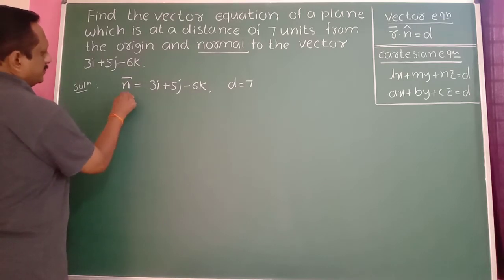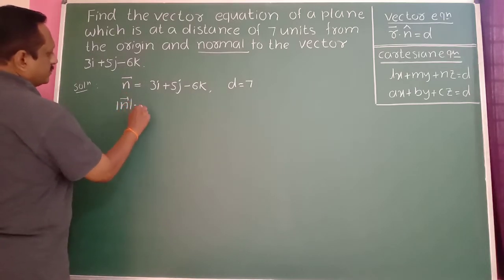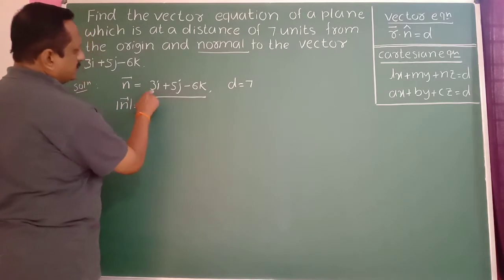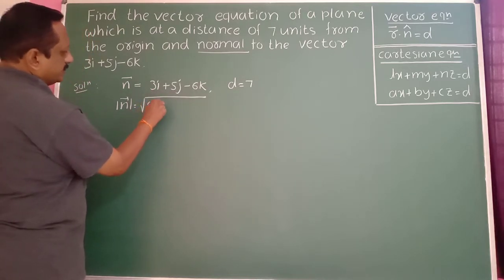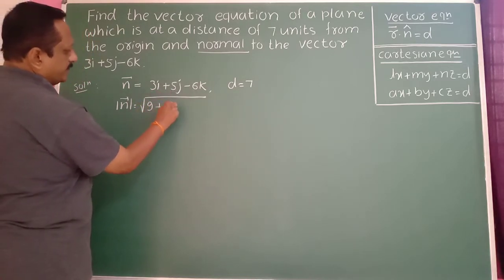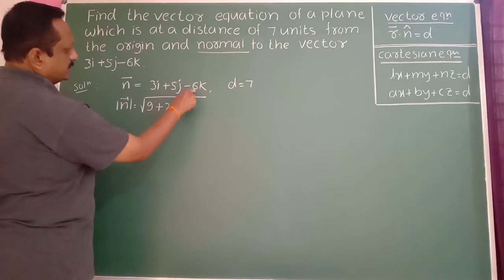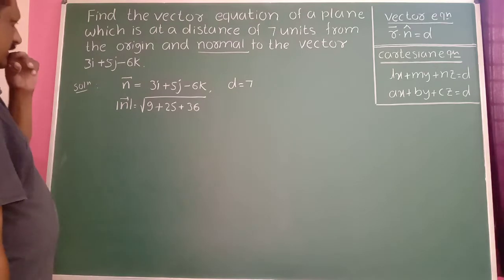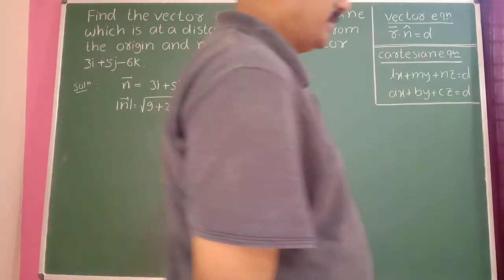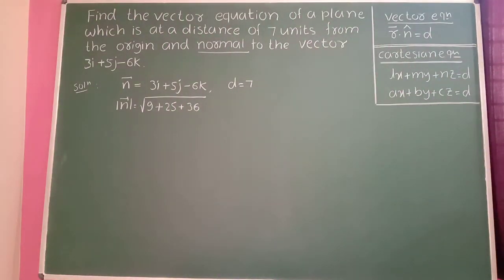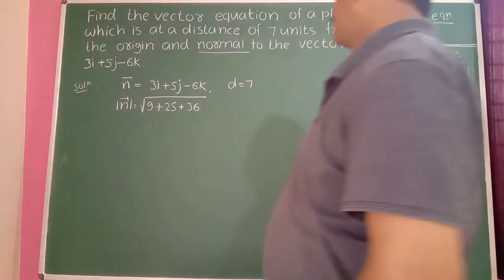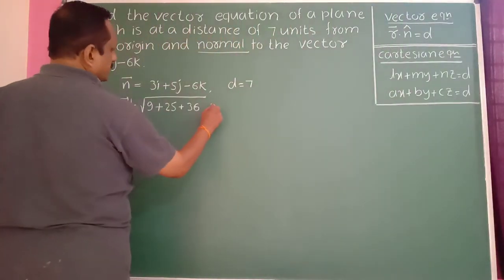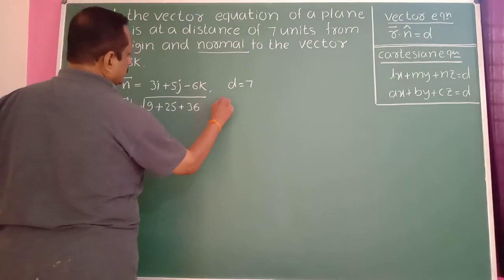Modulus of n bar is equal to root of 3 square, which is 9, plus 5 square, which is 25, plus 6 square, which is 36. 25 plus 36 plus 9 is equal to root of 70. Therefore this is equal to root of 70.